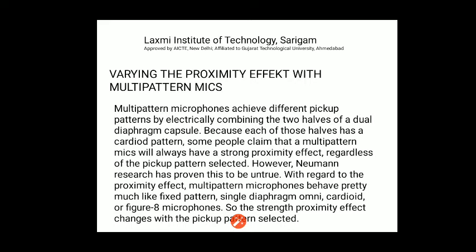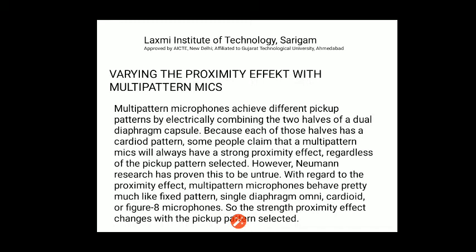Multi-pattern microphones achieve different pickup patterns by electrically combining the two halves of the dual diaphragm capsule, because each of those halves has a cardioid pattern. Some people claim that multi-pattern microphones will always have a strong proximity effect regardless of the pickup pattern selected.